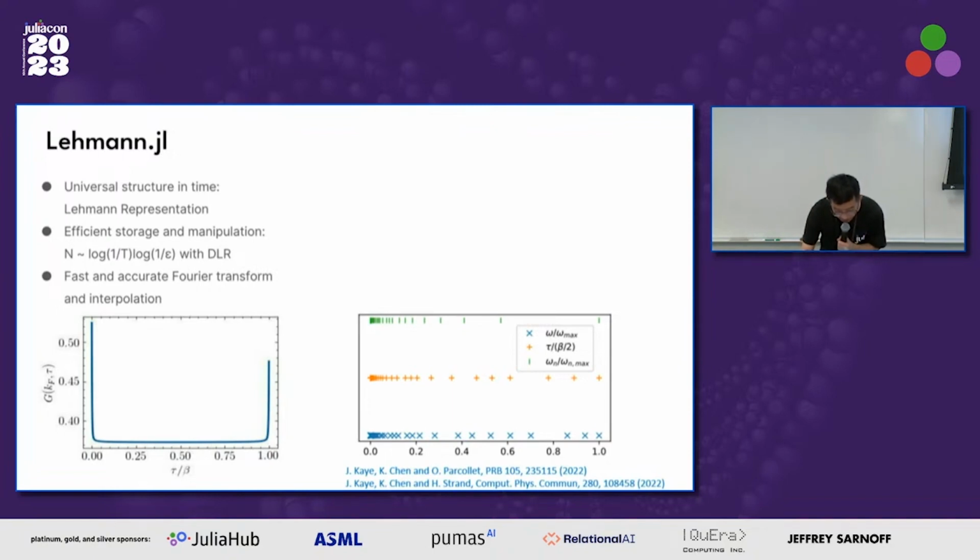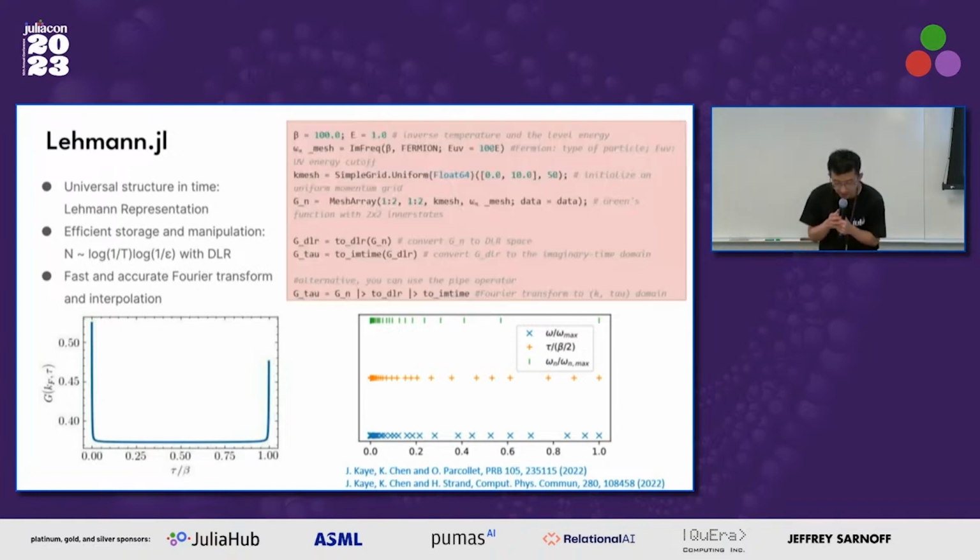The package also enables very fast and accurate Fourier transform and interpolation, which outperforms the standard uniform grids with the fast Fourier transform. Here we show an example of our interface for performing the Fourier transform and interpolation.